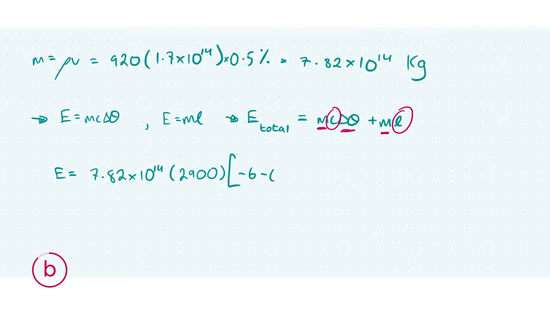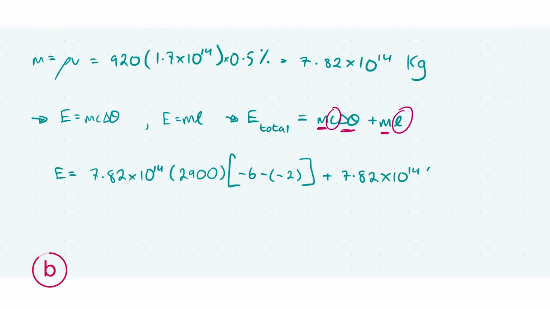And then we want to multiply by our Δθ, which is our change in temperature. So here we're going to have a -6 minus, and then your -2 in brackets. Make sure to include your brackets there because there are loads of minuses going on and you can very easily mix it up.